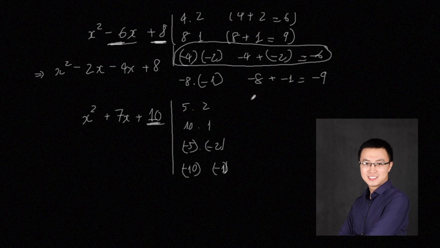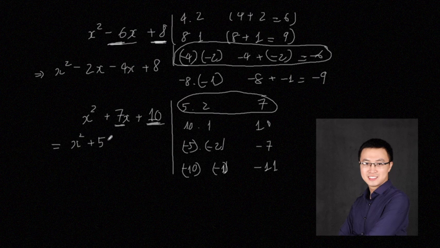So I will try each of them. 5 added to 2 equals 7. This is 10, this is minus 7 and this is minus 11. So we have the value for b here is 7. So I will choose the first option, 5 and 2. That's why I will change 7x into 5x, 2x and 10. Okay, that's right.